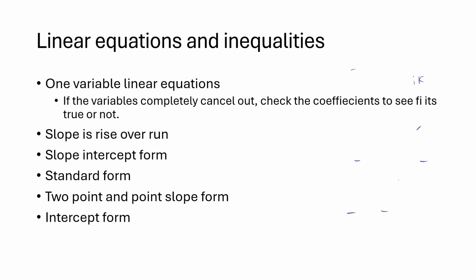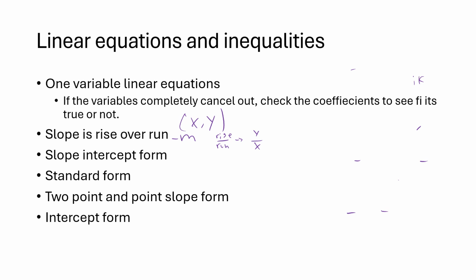Now, let's look at what happens if we get two variable equations. This is where we get into coordinates, which are your ordered pairs (x, y). This is where we get our rise over run. Slope, which everyone calls m, is rise over run, or in this case, change in y over change in x.